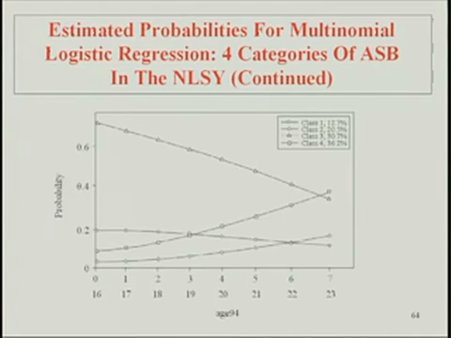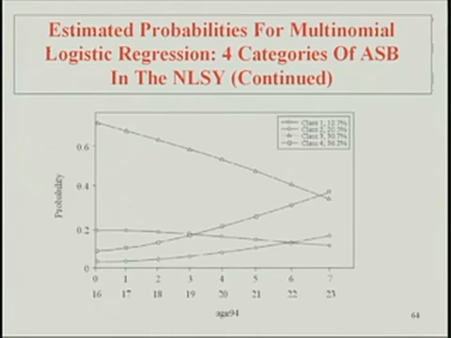And so you can see that as age increases, the probability of being in the person offense class decreases. And the people who had no offense at age 16, as age increases, they come up to have the probability of being in that class similar to the probability of being in the person offense class as it's decreased.